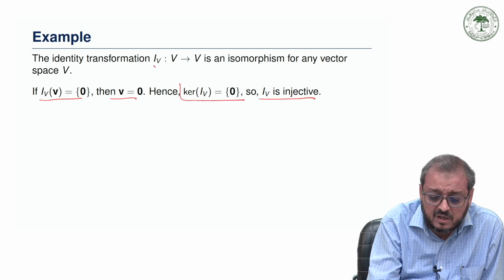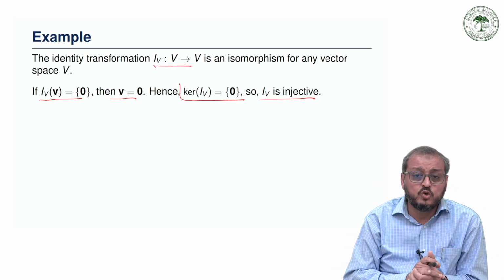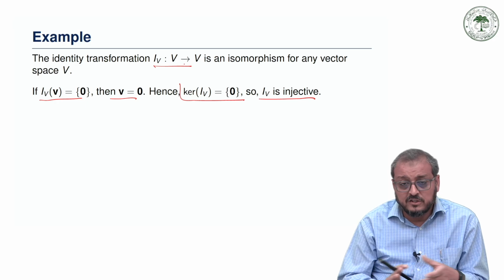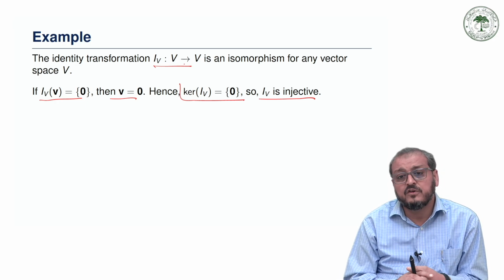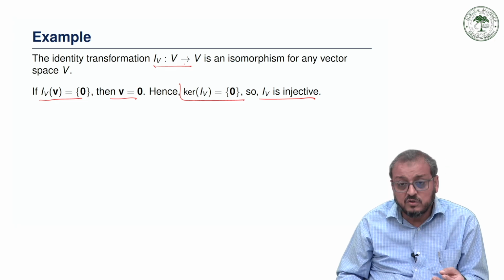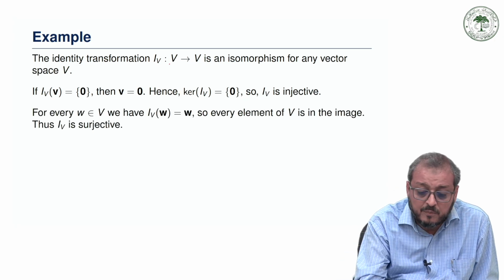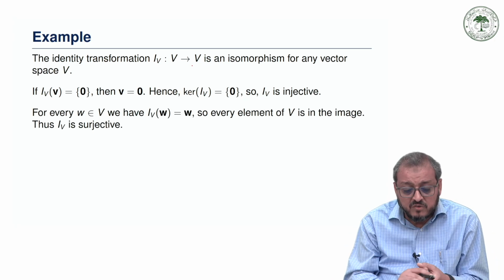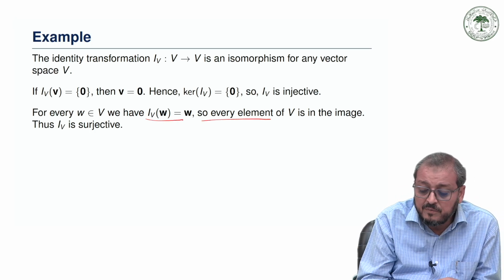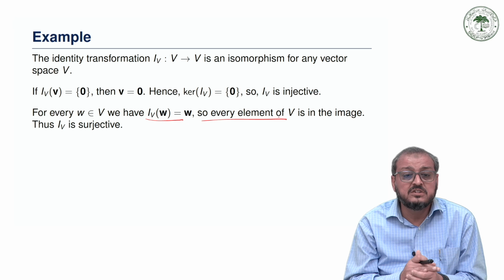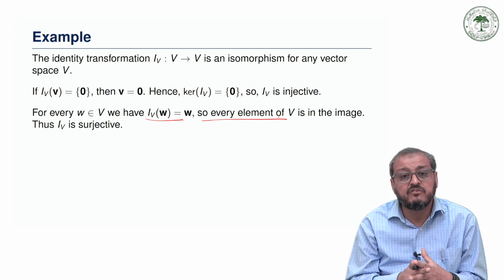We show that the inverse transformation is an isomorphism, meaning it is one-one and onto. Clearly this identity transformation is one-one and also onto, because both dimensions are the same, and every element of W is an image. So I is injective and surjective.